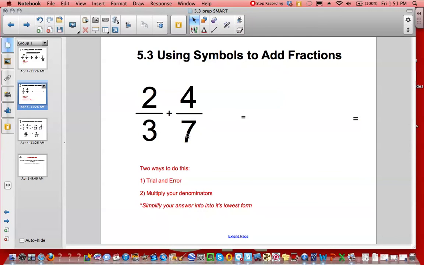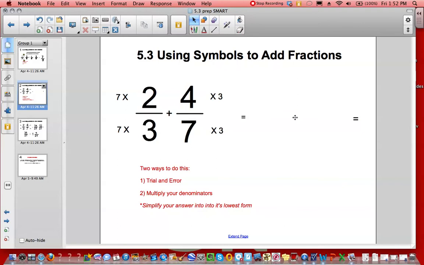The only numbers that go into 7 are 1 and 7. So I can't just multiply 3 by something to make 7. I'm going to have to find a number different than both of them. And a really fast way to do that is to multiply the entire fraction, the top and the bottom, by whatever the other denominator is. So I would multiply 2 by 7, and I would multiply 3 by 7. And on the opposite side, I would multiply the top, or the numerator, and the bottom, the denominator, by 3. 4 times 3 and 7 times 3.